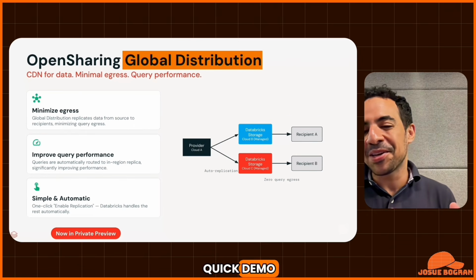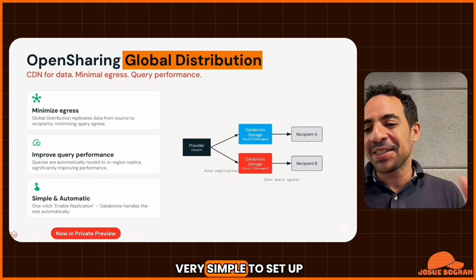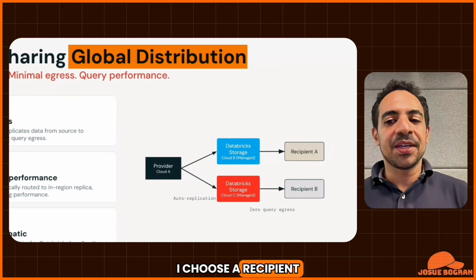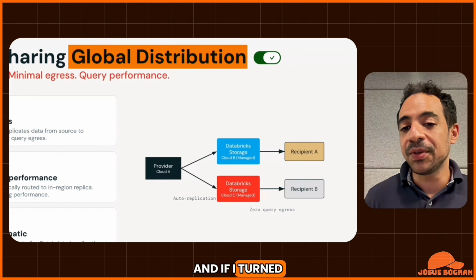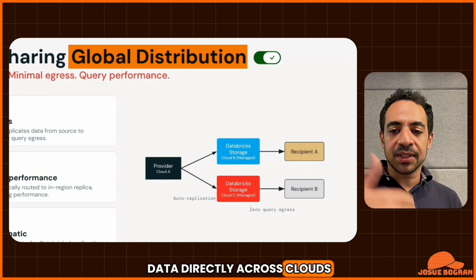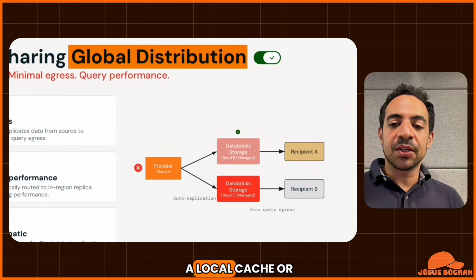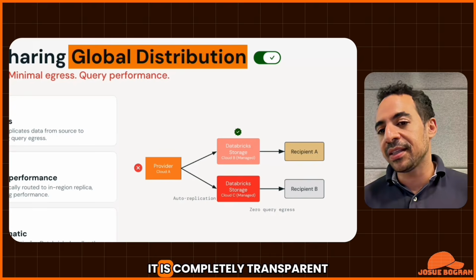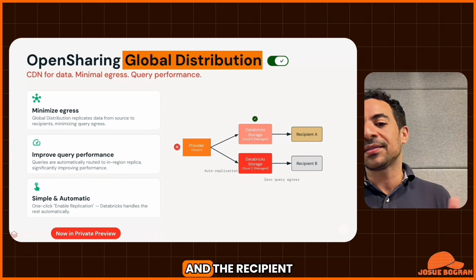I'm going to do a quick demo. The demo is so short because it's very simple to set up. When I'm creating a share, I choose a recipient and then I turn it on. If I turn it on, that recipient, instead of reading the data directly across clouds and regions, is reading from a local cache or a local replica, if you will, that is fully managed by Databricks. It is completely transparent to both the provider and the recipient.